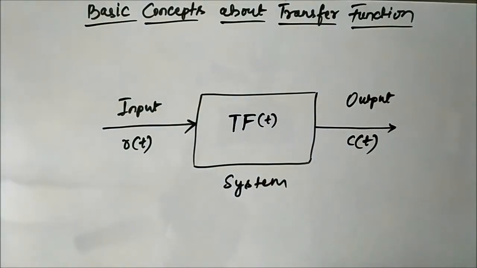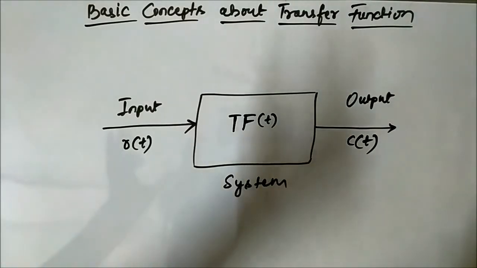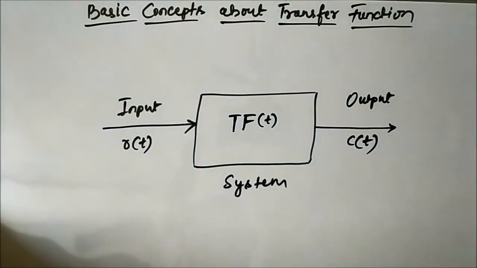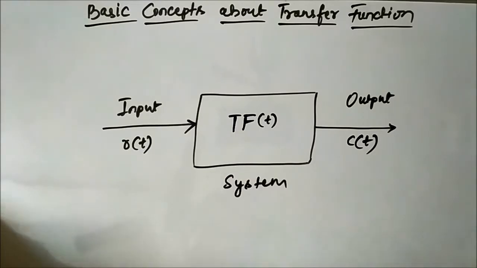An important thing to take care of here is that all the things involved here are in time domain. We have not used any other approach like S domain, Z domain, Fourier transform, omega domain or frequency domain. It's simply in time domain.